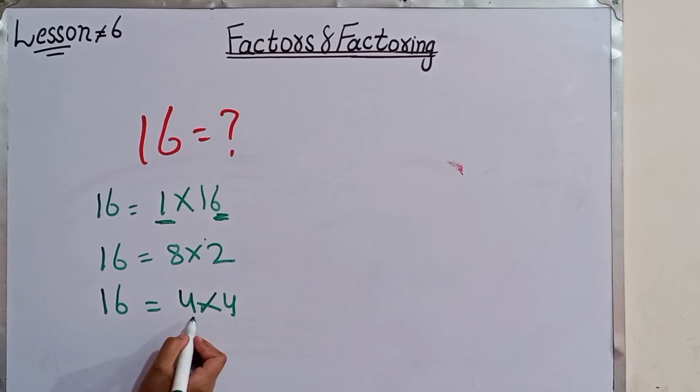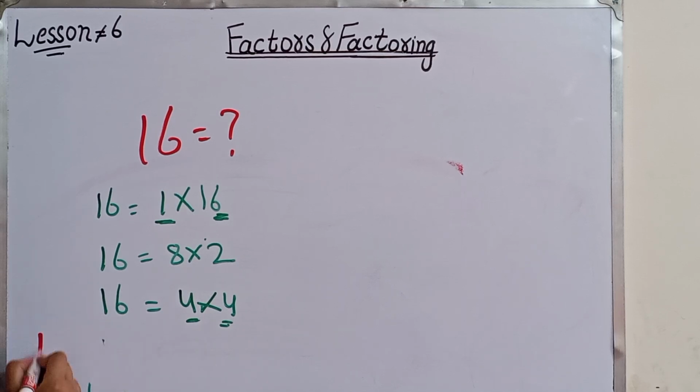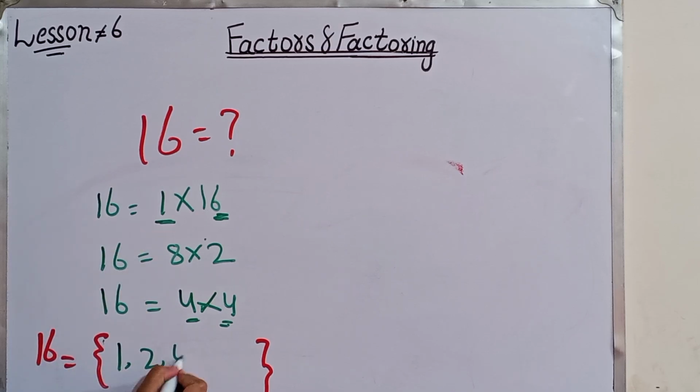Here 4 comes 2 times, so we write only one copy. Starting from 1, we make the set of 16: 1, 2, 4, 8 and 16.